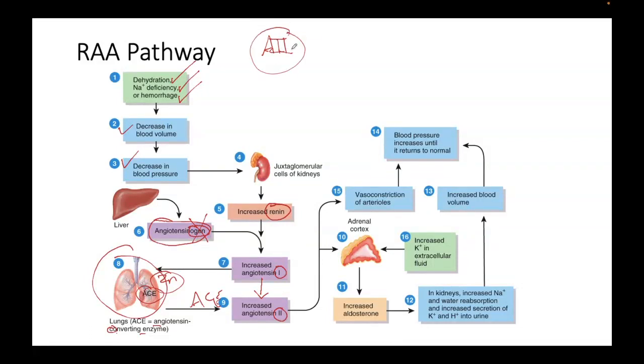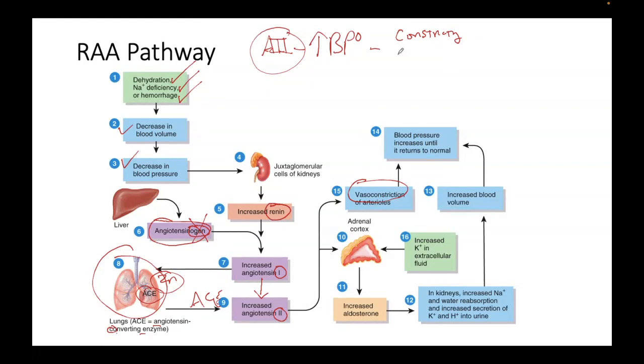What is angiotensin 2 going to do? What's its job? Angiotensin 2's job is to increase your blood pressure, and it's going to do so in a variety of ways. It is involved in constricting the blood vessels. So you've got vasoconstriction, vessel constriction. That's going to increase blood pressure.